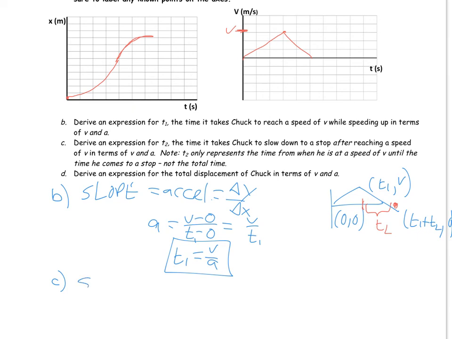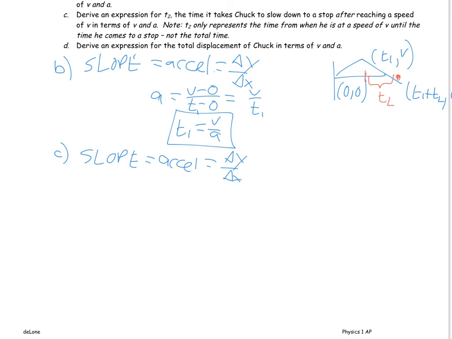So I'm once again going to start with this idea that slope equals our acceleration equals delta y over delta x. Give myself a little more space here, and so what I get is acceleration is negative 1.5a. We were told that in the problem. My change in y is going to be 0 minus v, and my change in x is going to be that final time, t1 plus t2, minus my initial time, which is t1.